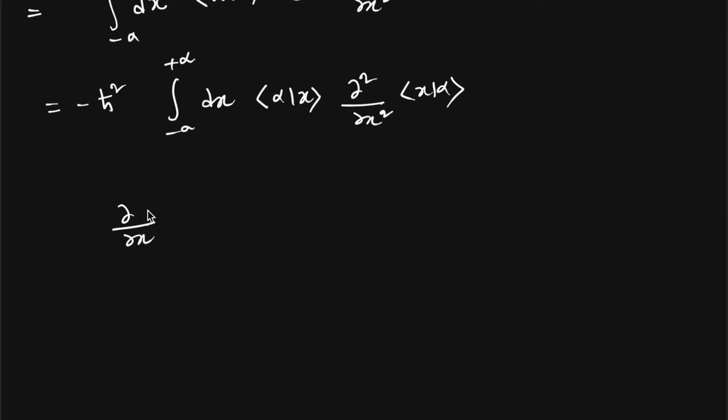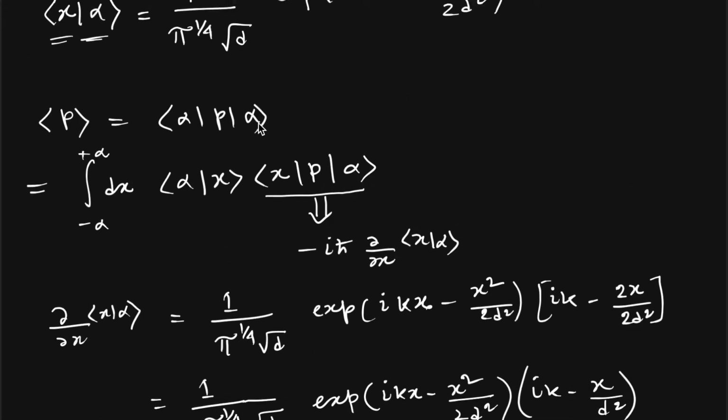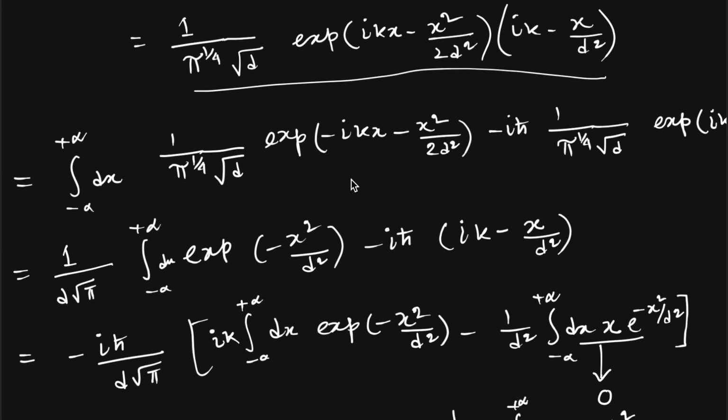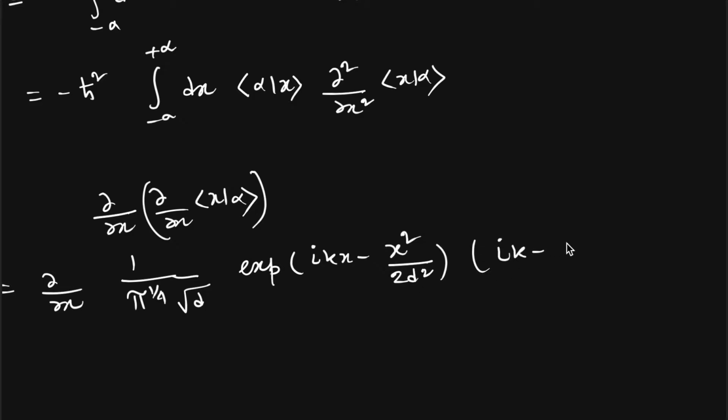So del x del x of <x|alpha>, that means del x of this term, which is 1 by pi to the power 1/4 root d, exponential i k x minus x square by 2d square into i k minus x by d square.